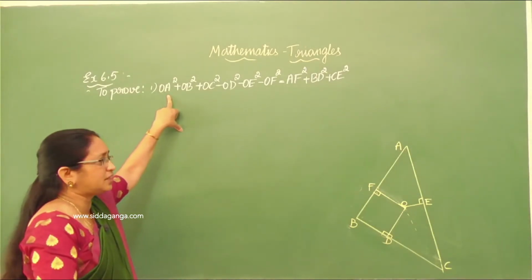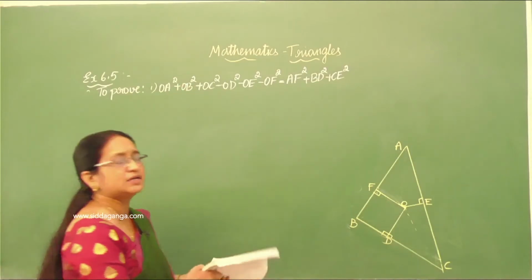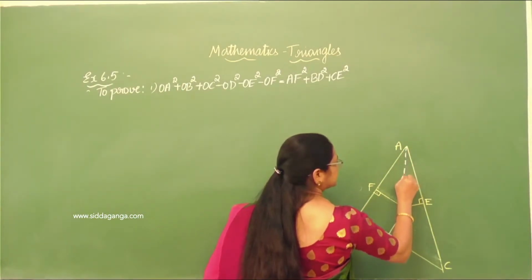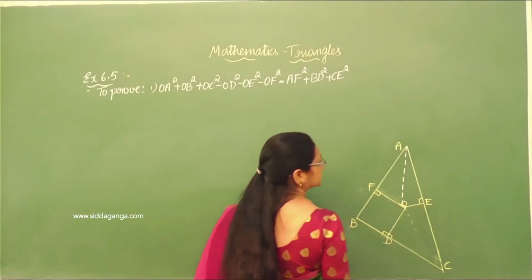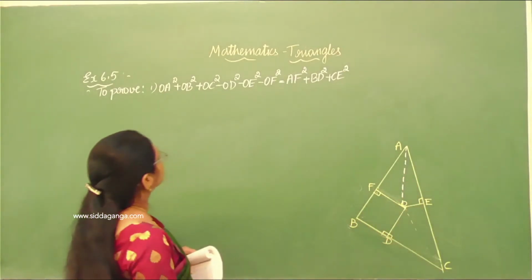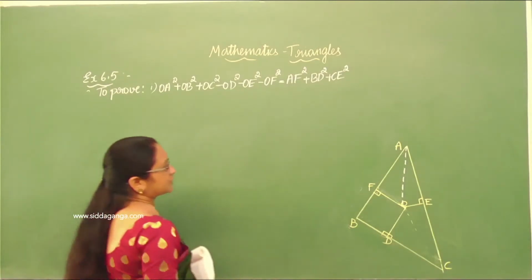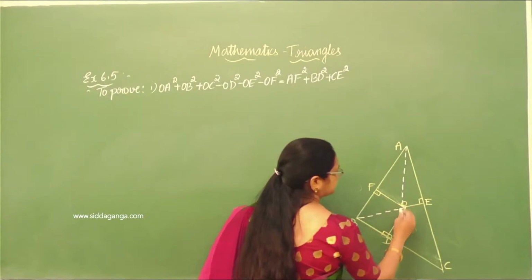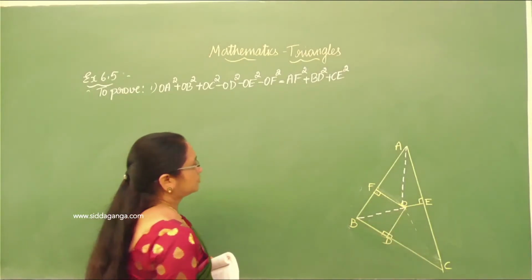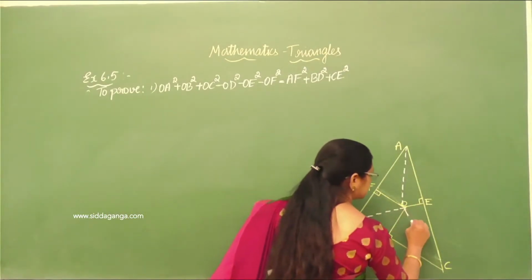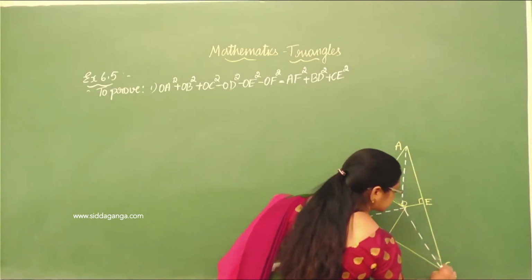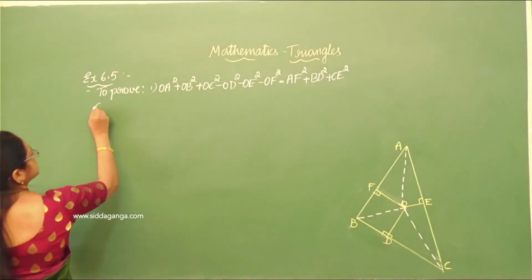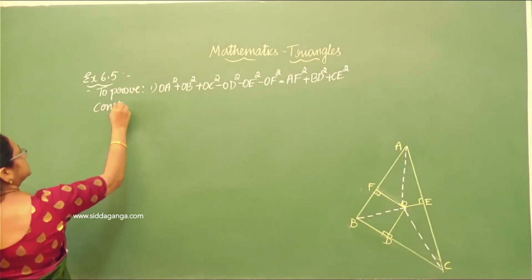Actually, we don't have OA square until we join here OA. See, now you will get OA square. OB square also we won't get until we join here. And OC square, let us join this. So this is construction. Okay, so let us write construction.